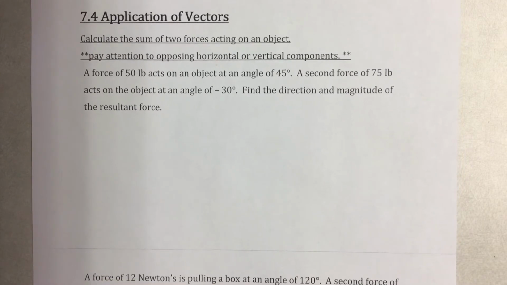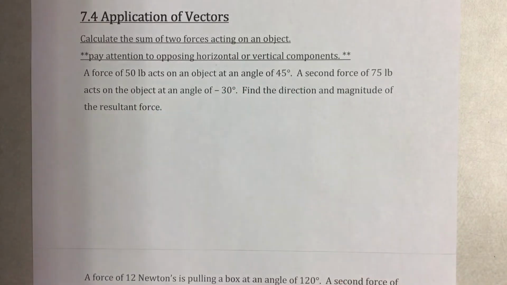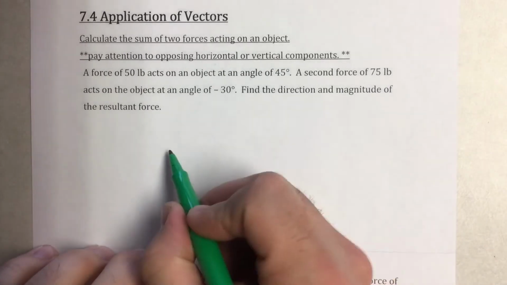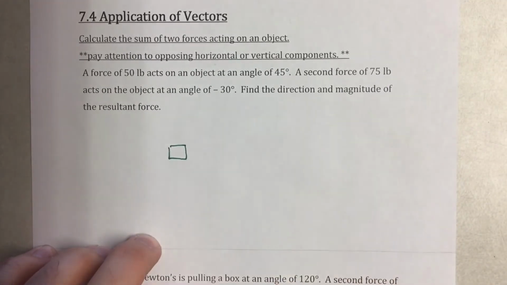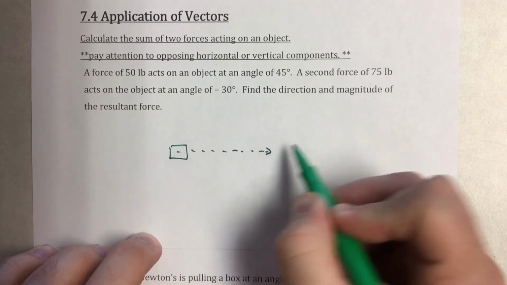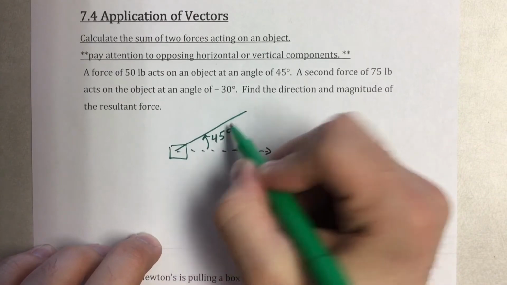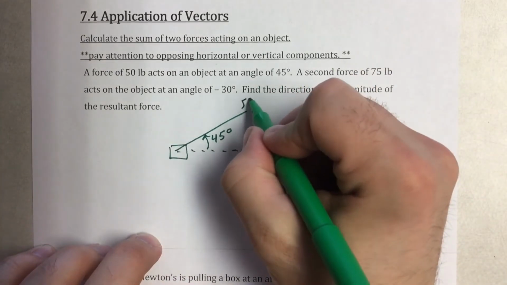So we have a force of 50 pounds acts on an object at 45 degrees, and a 75 pound force acts on the object at negative 30 degrees. So we have this box, and from 0 degrees, at a 45 degree angle, a 50 pound force.